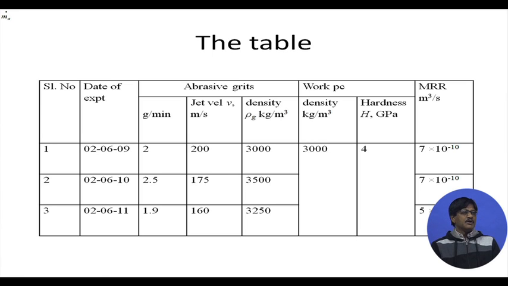Okay. So, best is to check up what is the predicted MRR in all these cases separately and compare it with the experimentally obtained values in the last column. So, let me make it clear, all the abrasive grit details are input conditions, workpiece details are input conditions, while MRR in the last column is experimentally obtained.